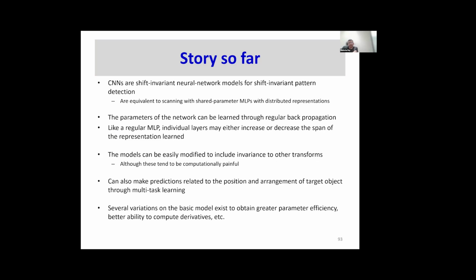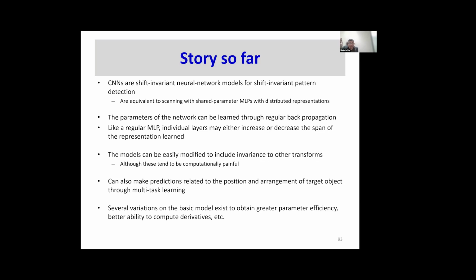So here's the story so far. CNNs are shift-invariant neural networks for shift-invariant pattern recognition. The parameters can be learned through regular backprop. Like a regular MLP, individual layers may increase or decrease the span of the representation learned, which is what we saw. The model can be modified to increase invariance to other transforms.